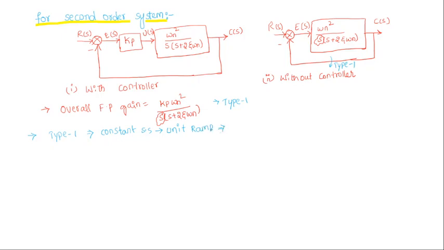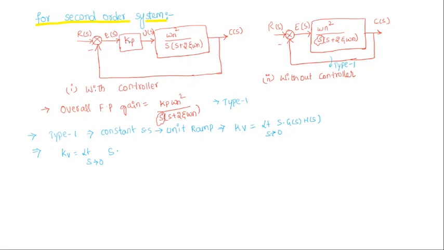When the input is unit ramp, we have the static error constant Kv. That value is limit s tends to 0, s into G of s into H of s. Now I am trying to calculate the Kv value for this system. Kv equal to limit s tends to 0, s into G of s into H of s is nothing but the forward path gain.